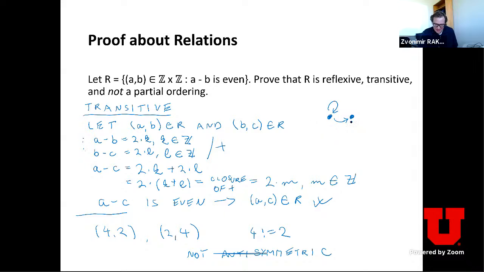But this other one does not have a loop. So it's not reflexive. And when you look at the irreflexive, it's the other way around. They all have to have that property. And in this case, they don't. So this is a small example of a relation that is neither reflexive nor irreflexive. Any other questions?